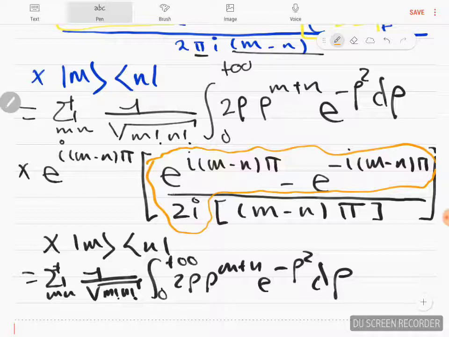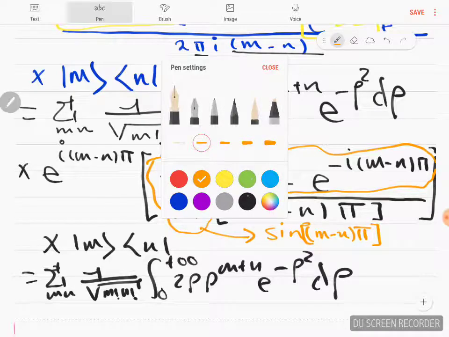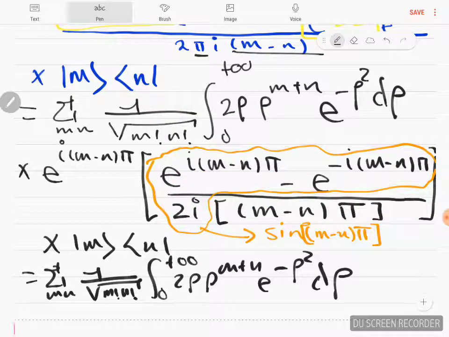That's e to the i to the power of something minus e to the minus i to the power of something, divided by 2i. That's the sine of that something. So then this thing here is just the sine of (m minus n)pi. That's what that is. So then we can proceed with the simplification of our problem.